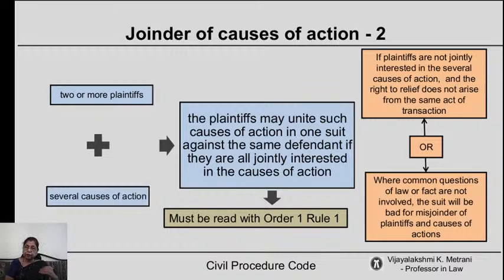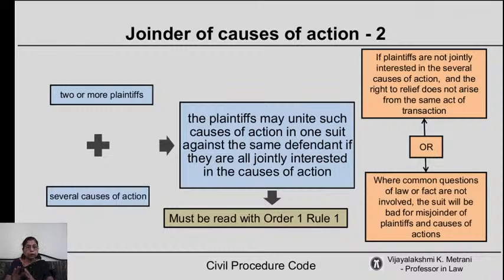On different occasions the causes of action have arisen, but for the relief, they are all jointly interested against that particular authority, and there is one defendant, that is the Housing Board. The plaintiffs, those who are affected, are all jointly interested in that one suit and in the cause of action. So in such cases Order 1 is satisfied.